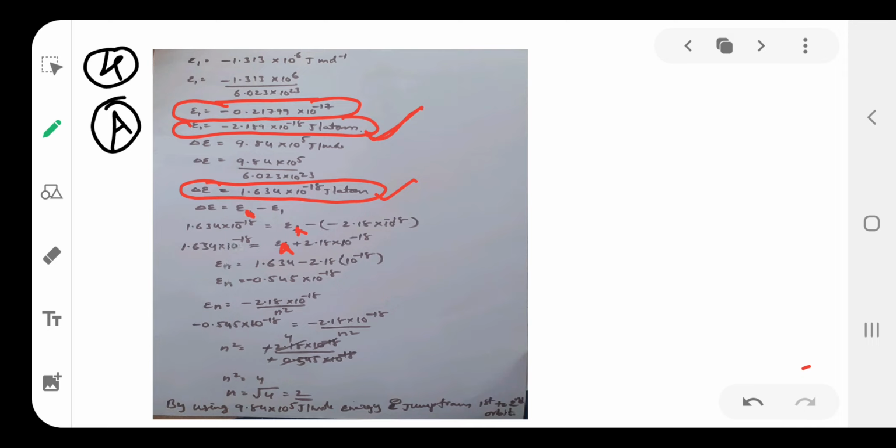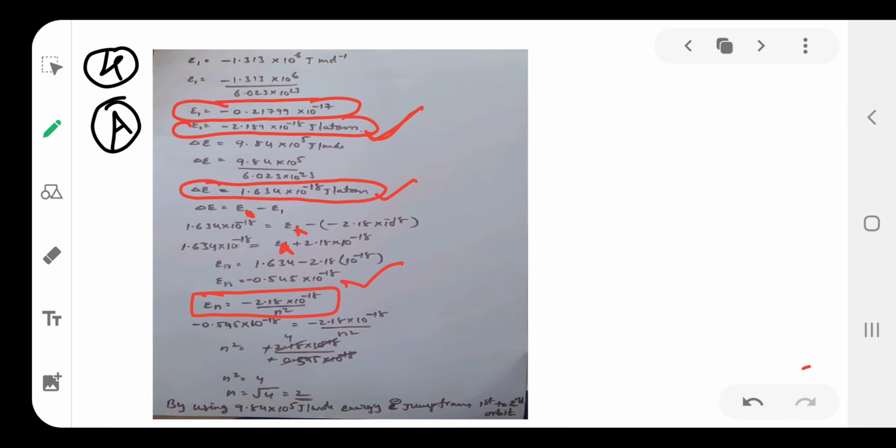Then En is equal to, the formula we know already, the energy of nth orbit formula: minus 2.18 into 10 power minus 18 by n square. The En value we just found out is minus 0.545 into 10 power minus 18. So minus 0.545 into 10 power minus 18 equals minus 2.18 into 10 power minus 18 divided by n square.